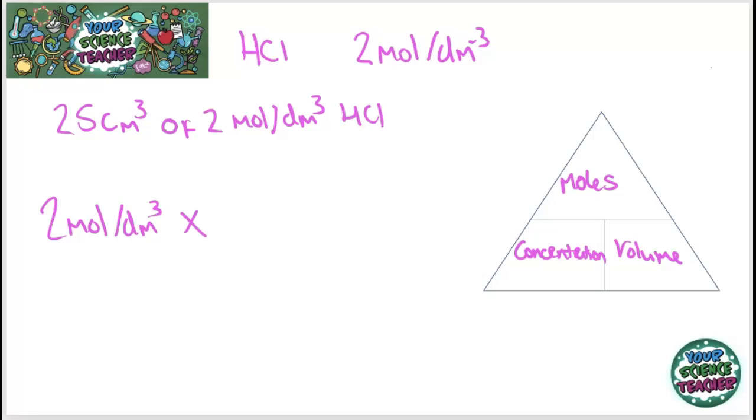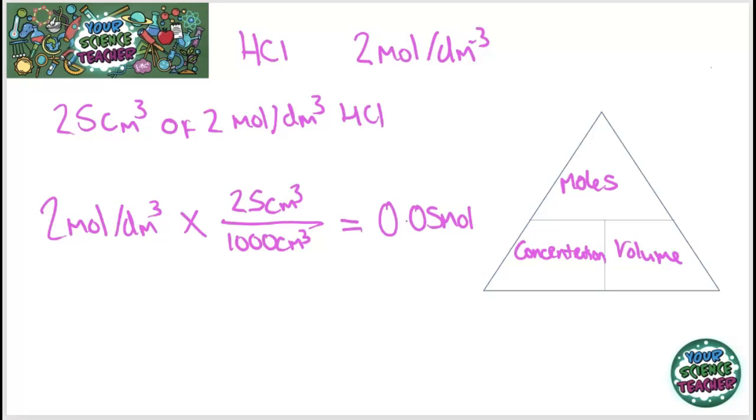Now you're going to have to put the volume into decimeters, and the way to do that is by dividing by 1,000. So it's going to be 25 centimeters cubed over 1,000 centimeters cubed, because that'll put it into decimeters, and that will tell me the number of moles that I have, which is 0.05 moles.